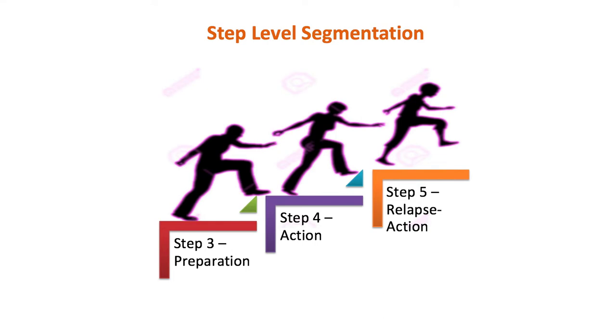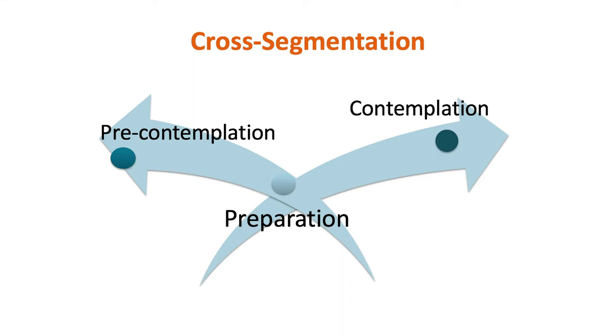Here, behavior change marketing is effective when customers are grouped into similar segments and customized strategies are created for that group. Efficient distribution channels are then developed for each segment. We may also use cross-segmentation as individuals and groups progress through the various stages of change.